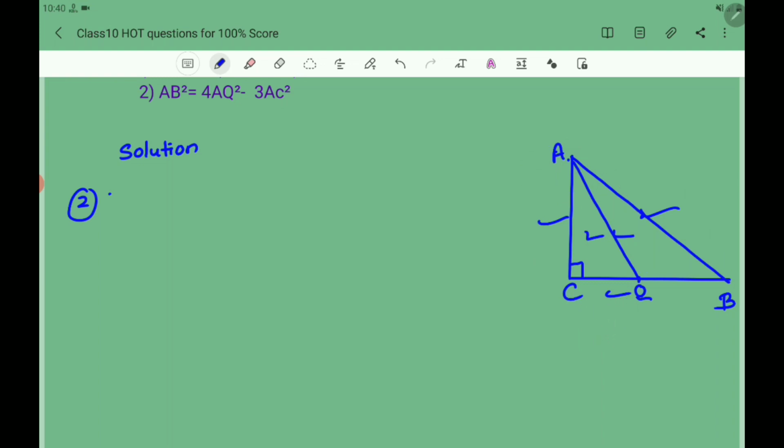Let us take first the right angled triangle ACQ, angle C equals 90 degree.